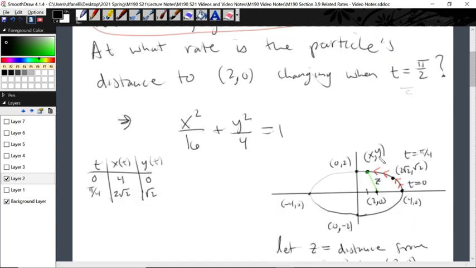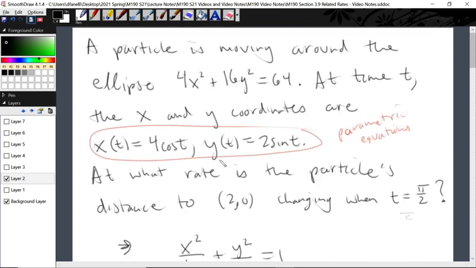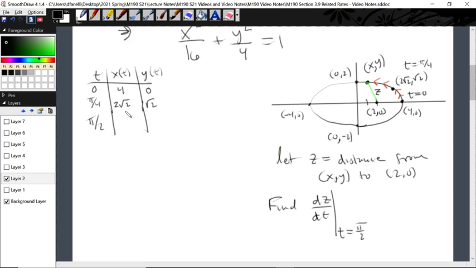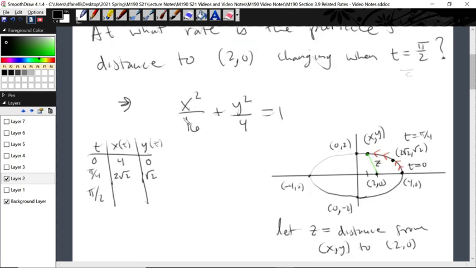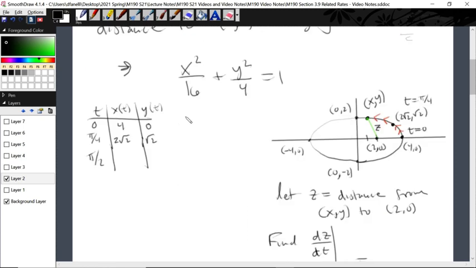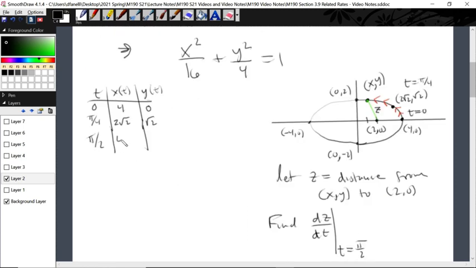Now we can find out what x and y are each equal to at pi over 2 by simply using the parametric equations here. If t is equal to pi over 2, then x is equal to 4 times the cosine of pi over 2. The cosine of pi over 2 is equal to 0, so 4 times 0 is equal to 0.